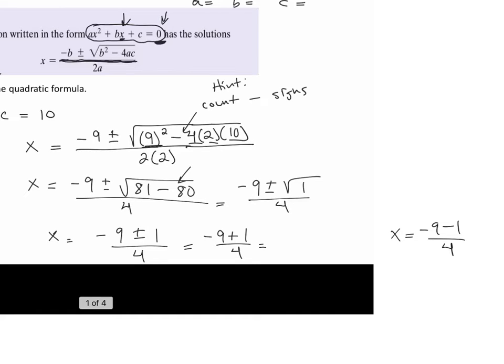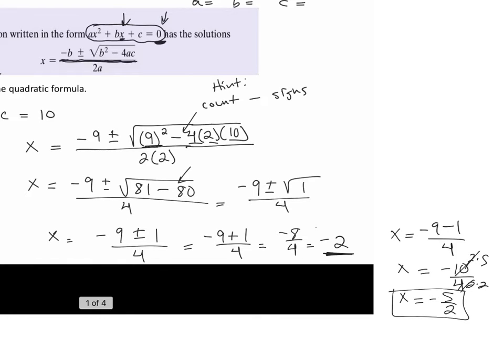So negative 9 plus 1 is negative 8, divided by 4 is negative 2. So that's one answer. And negative 9 minus 1 is negative 10 over 4, which simplifies if we divide a factor of 2 from those, then that leaves negative 5 halves.